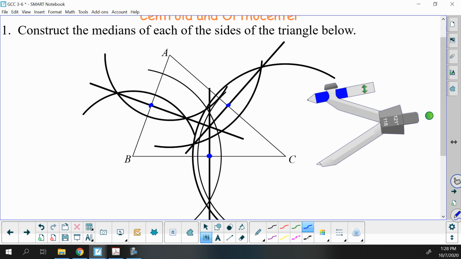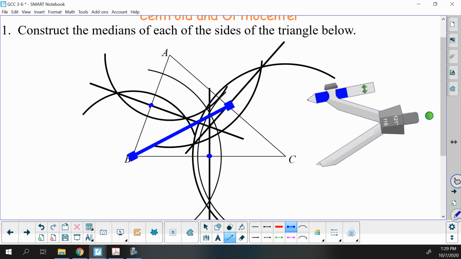All right, so we haven't actually done the medians yet. The medians go from each vertex to the midpoint on the opposite side. So I'm going to do like a funky line just so it's easier to see. You just do it with your straight edge. So there's one median.